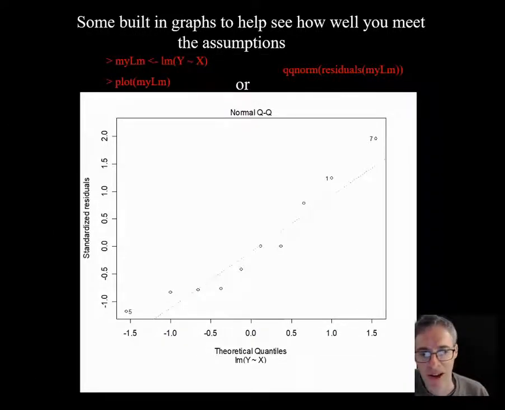Just like we do for any other distribution of values, we can ask whether they're normally distributed. So here we can basically say, take the residuals of my linear model, and are they normally distributed? And again, we're looking for something that goes along the line, and if we see that, we can have more confidence that our assumptions are reasonable, and that p-values are reasonable.